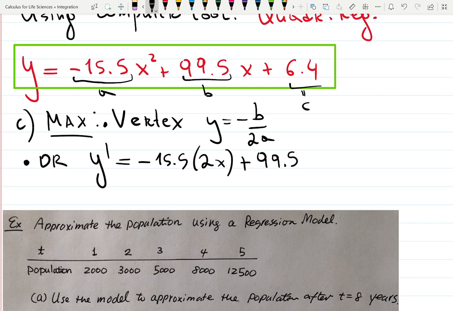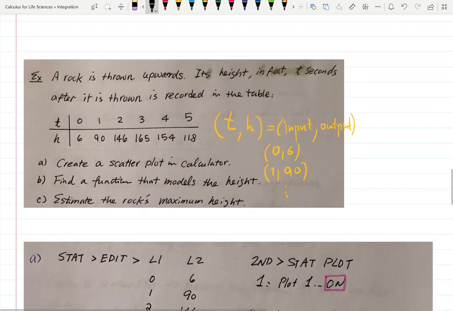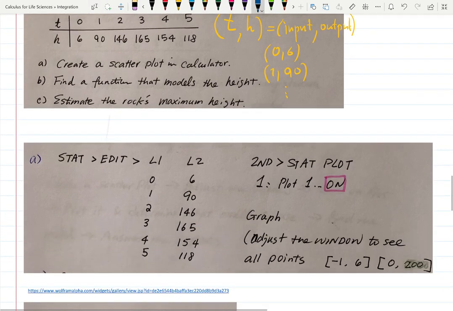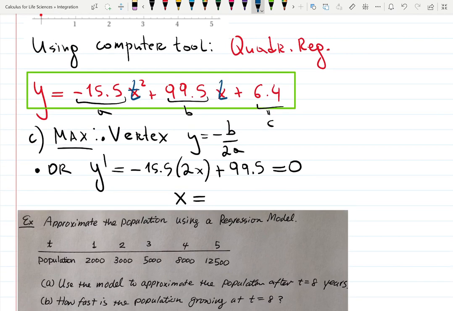That is my derivative. Set it equal to 0 and solve for x. Also it's not x, it should be t, if you remember. If we want to be consistent with the book, we should rename it to t. It says rename it t seconds. It is t and t here, and then also t over here.